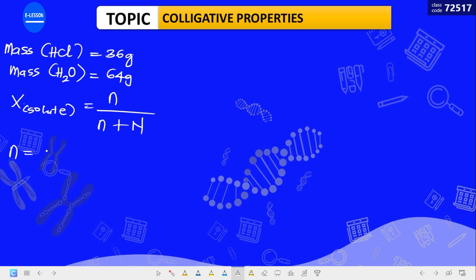The number of moles is mass all over molar mass. So our N is equal to, what is the mass of HCl? Because HCl is the solute here. The mass of HCl is equal to 36 gram. What is the molar mass of HCl?